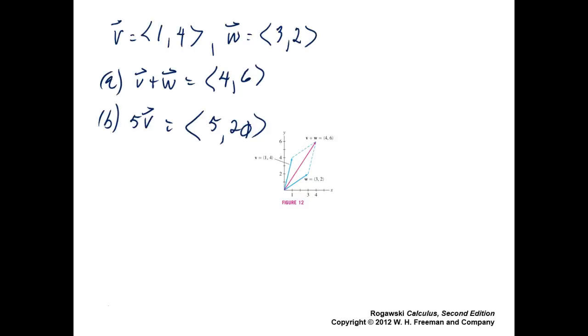It's much easier to do 1 plus 3 is 4. 4 plus 2 is 6. Okay? So you added the 3 to the 1, you got 4. And you added 2 to the 4, and you got 6. That's the way you go. Who wants to mess with pictures?